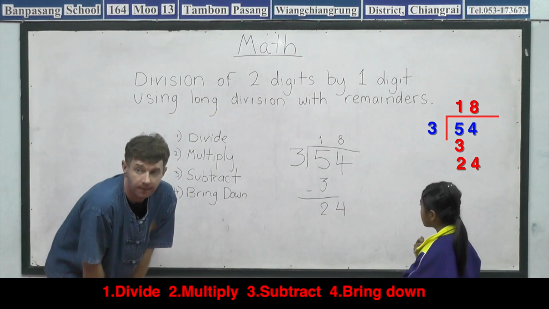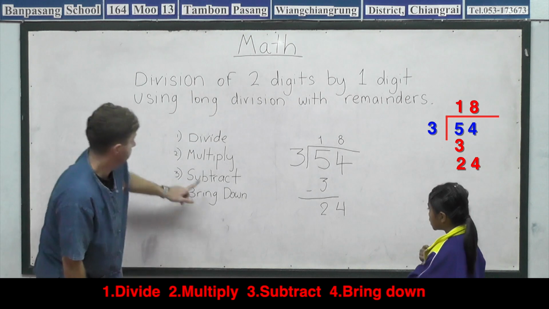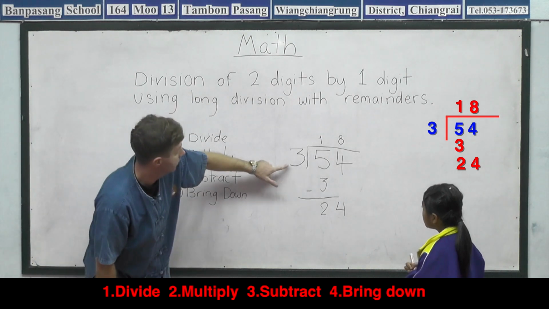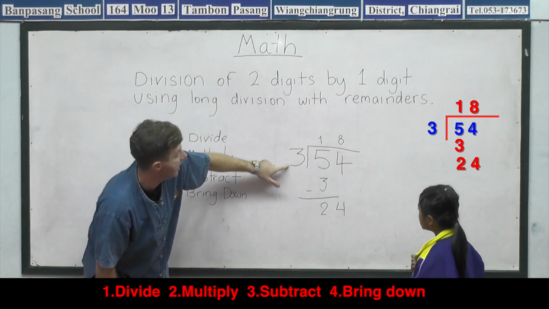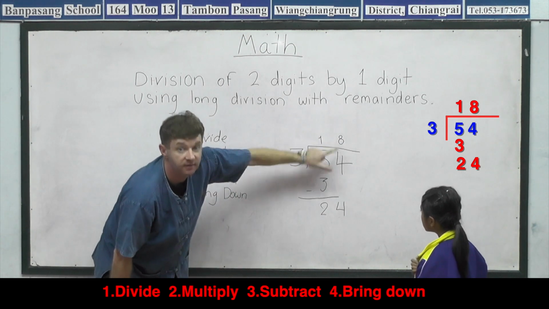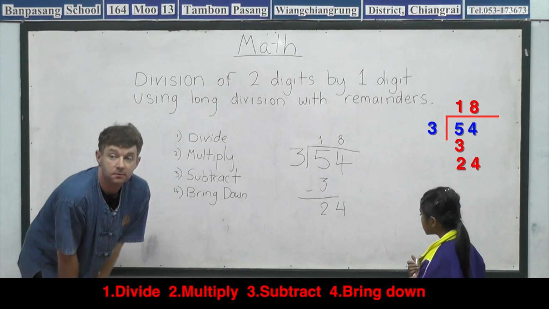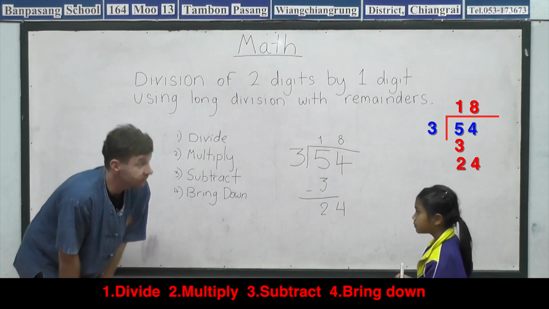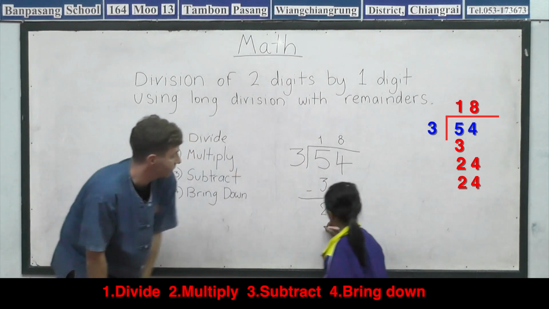Now what's the next step? Subtract. We have to multiply first. 3 times 8 equals 24. So we write 24 here.